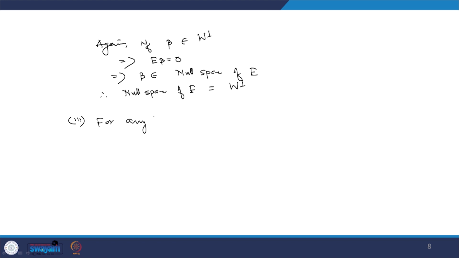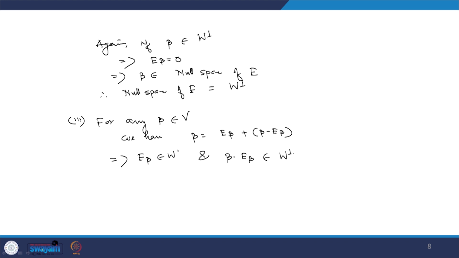For this, for any beta belongs to V, we have beta equal to E beta plus beta minus E beta. One can write down beta like this. So, this implies E beta belongs to W and beta minus E beta belongs to W complement.